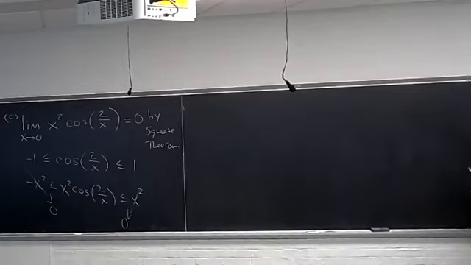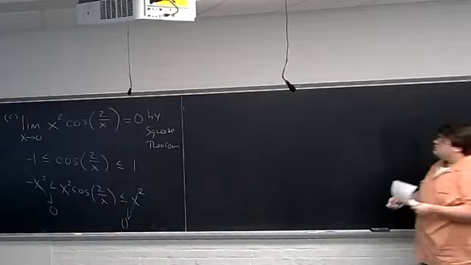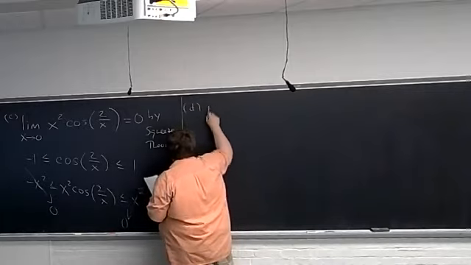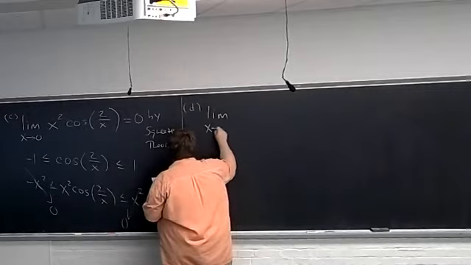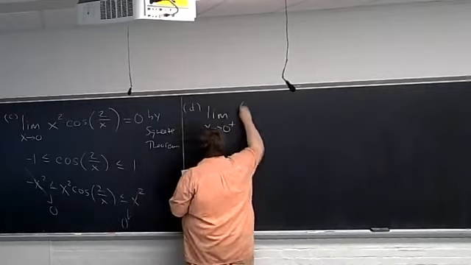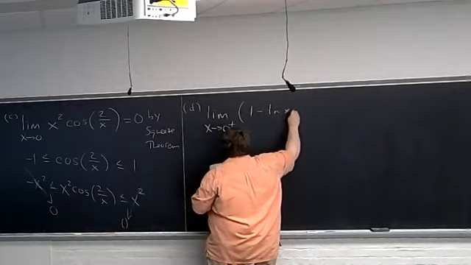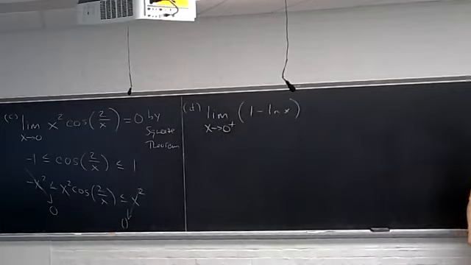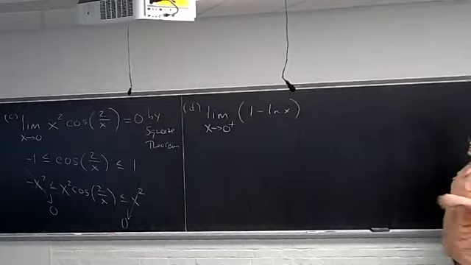Okay, part D, limit as x approaches 0 from the right of 1 minus log of x. Now here, we can't do a substitution argument because log of 0 does not exist.